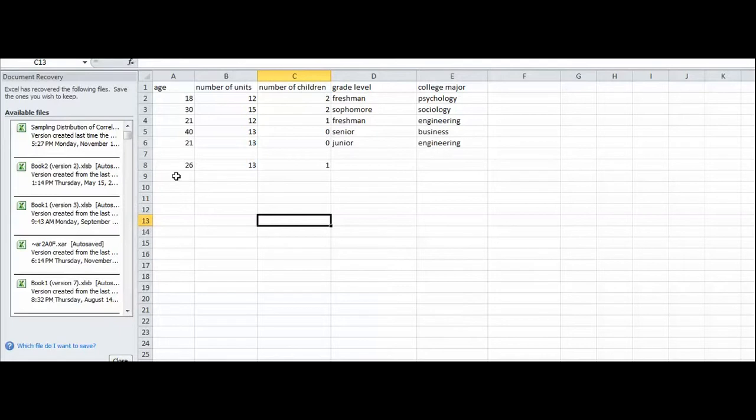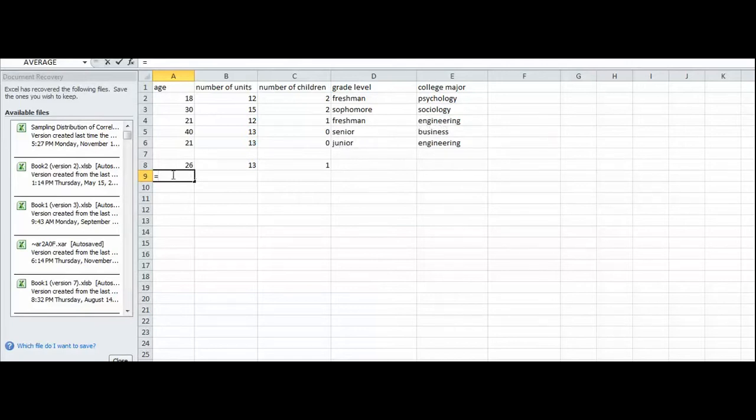What about the median? We can have a median of these first four columns. Remember, you can have a median for quantitative data or for ordinal data, but not for nominal data, which we have over here.